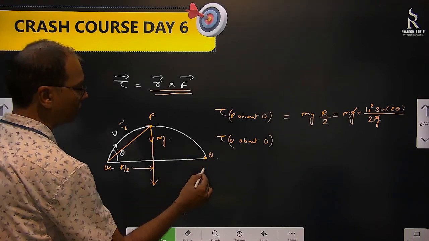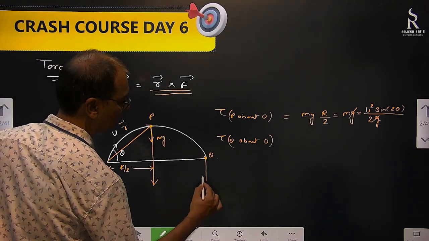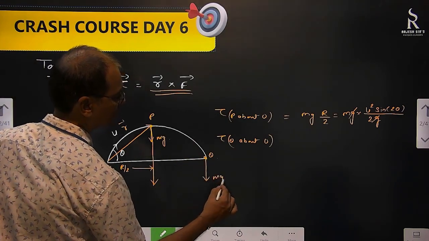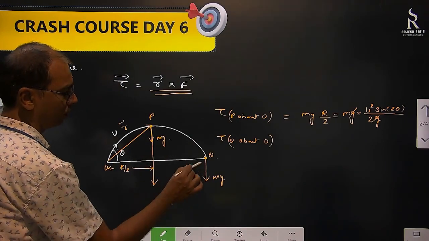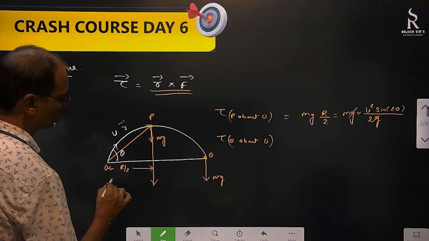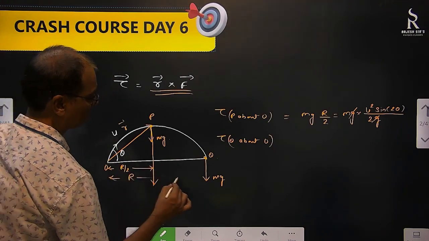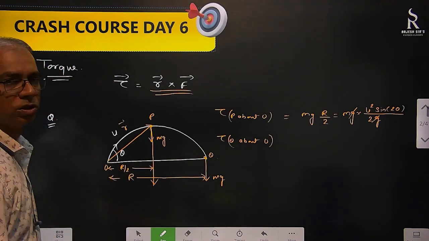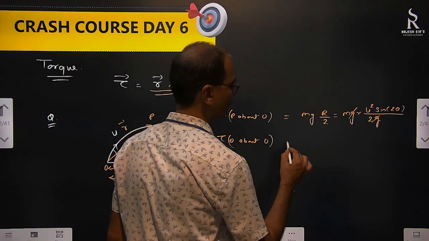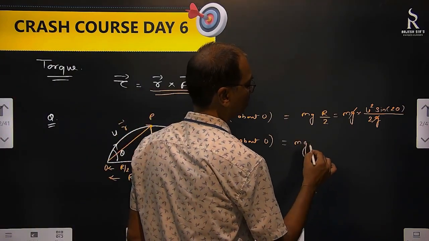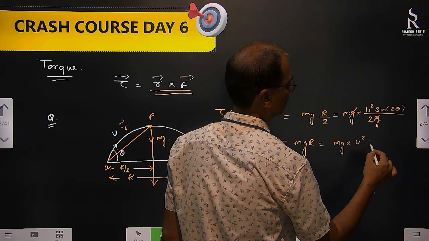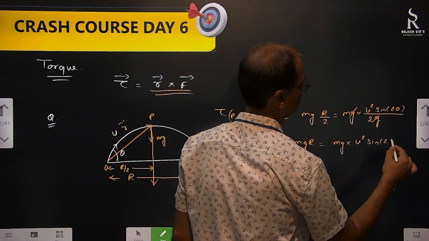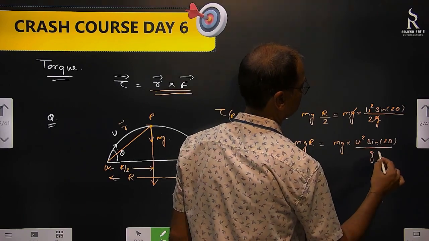Now what about this one? When it is about to strike the ground at Q, here also mg is acting like this. The perpendicular distance of this direction of force from the point of projection is the range. So mg into R, that's all. mg into u square sine 2 theta by g, g gets cancelled.